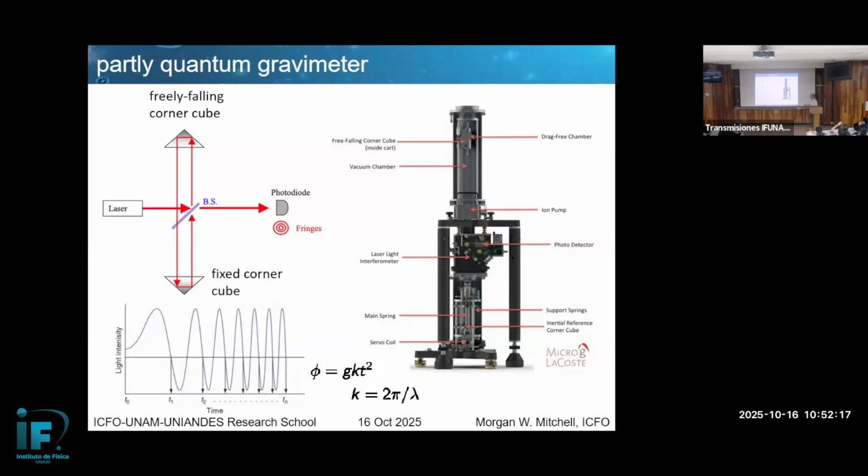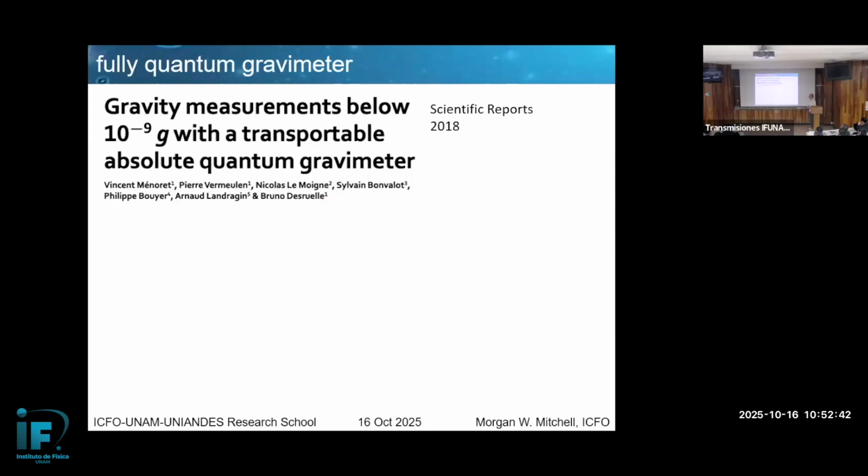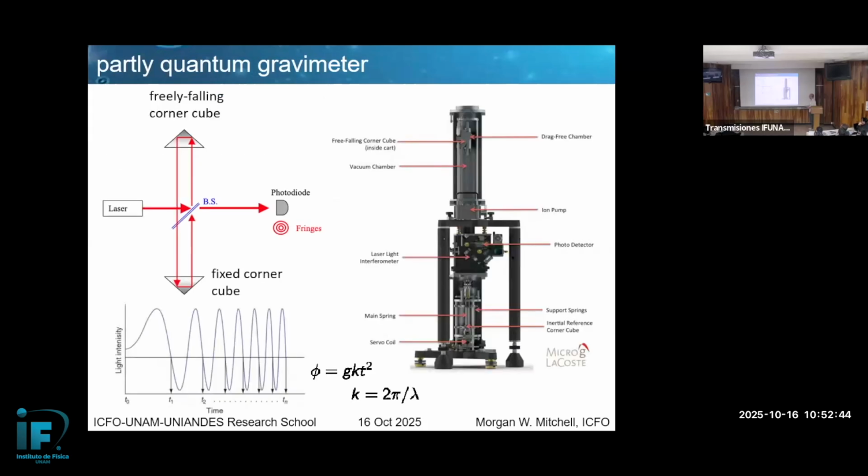As the corner cube is accelerating downward, the rate at which the fringes happen is growing quadratically, and you get a phase which is g, the local gravitational field, k, the wave number for the light, and T squared, the amount of time that has passed by. So again, if you have a good clock, then you can record these things, and you can get a very good measurement of the gravitational field.